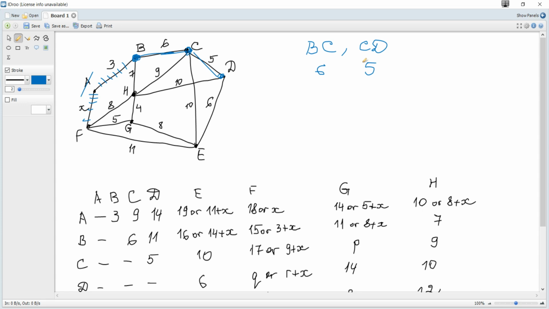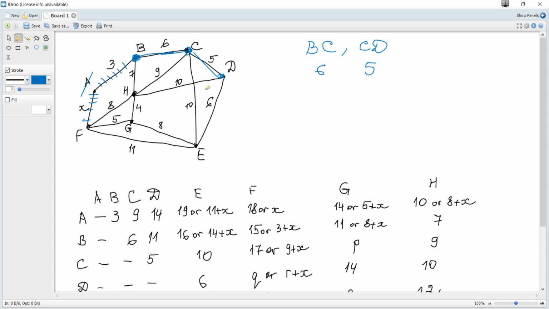And actually, what is the minimum spanning tree? You may just imagine that there are computers B, C, D, E, F, G, H, and they should be connected in a network so that the length of the cable used is as small as possible.